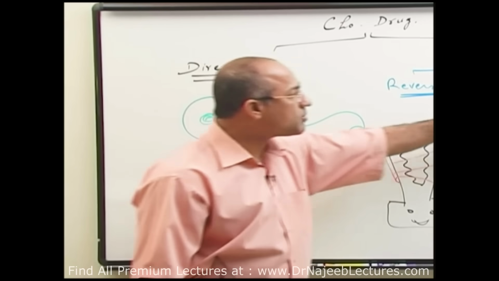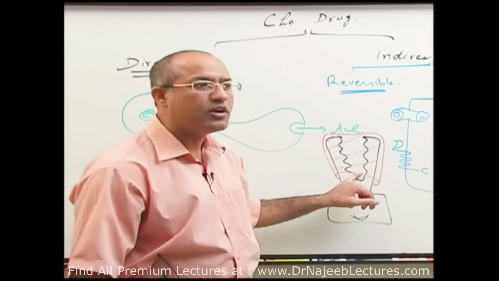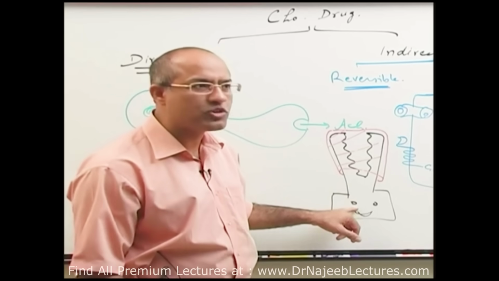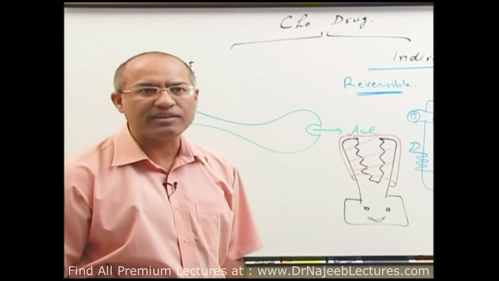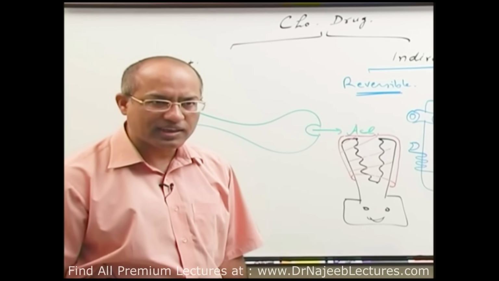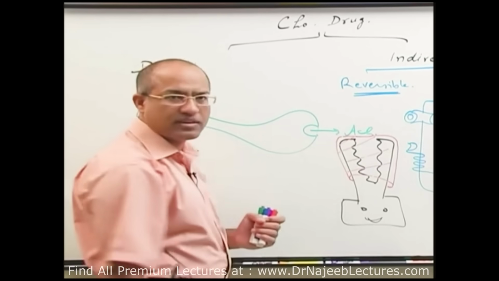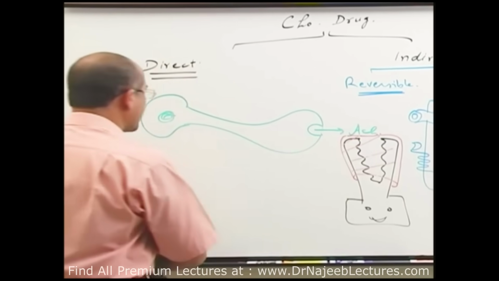Irreversible drugs block the enzyme or waste the enzyme activity for the life of the enzyme. But when new enzymes are synthesized by the tissue, then recovery will be there if the patient has survived. Is that clear? Now, I will first start discussing the reversible drugs and then I will go to irreversible drugs.